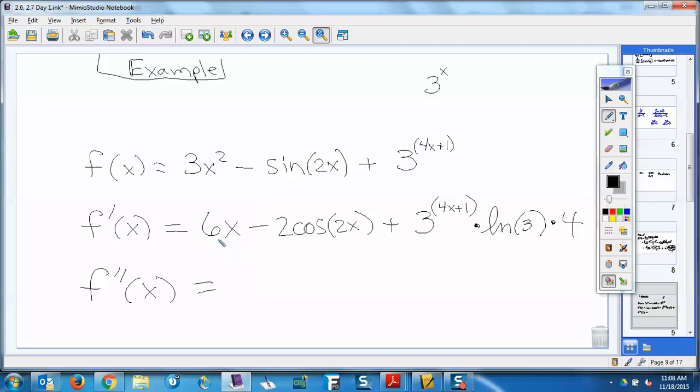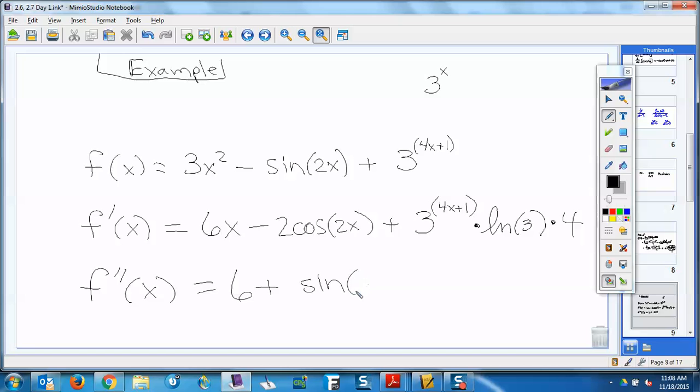So what's the derivative of 6x? 6. What's the derivative of, again, here's this 2 out in front. What do we do with a number out in front? Leave it there. Just leave it there, right? So that 2 will just hang out there. What's the derivative of cosine? Derivative of cosine is negative sine, so that's going to turn it into a plus.